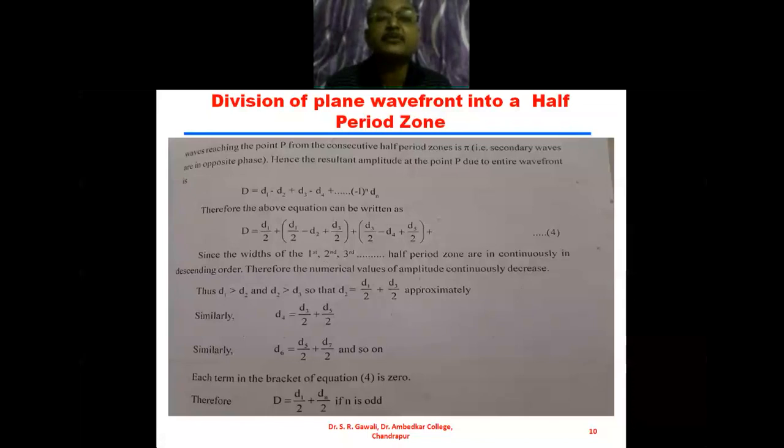Here the widths of the first, second, third half period zones are continuously decreasing, and therefore numerical values continuously decrease, and therefore d4 is the average of d3 and d5, d6 is the average of d5 and d7 and so on, and therefore each term in the bracket is 0.